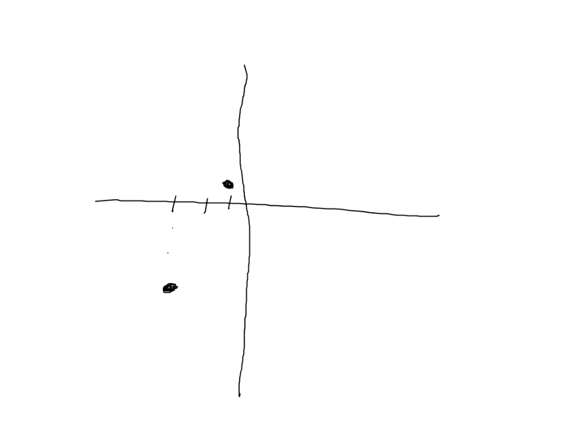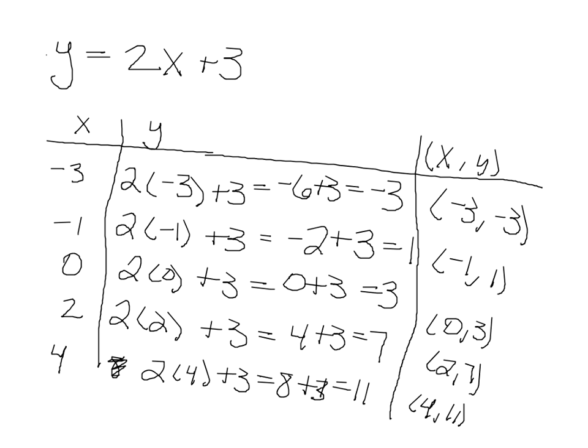So 0, 3, 1, 2, 3. I think it was 2, 7, 4, 5, 6, 7. And then finally 4 and 11. There's 2, 3, 4, 8, 9, 10, 11.